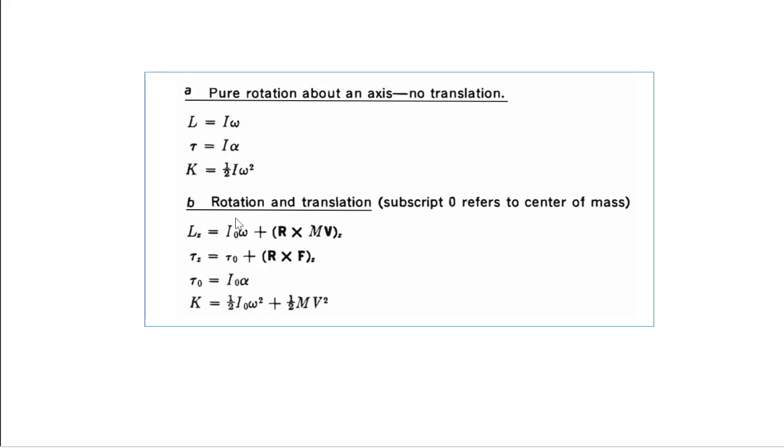Whereas in the case of rotation plus translation, in addition to these terms, you are going to have an extra term that arises due to the orbital component. So L_z equal to I naught omega plus r cross m v_z, tau_z equal to tau naught plus r cross f_z, and K equal to half I naught omega square plus half M V square.